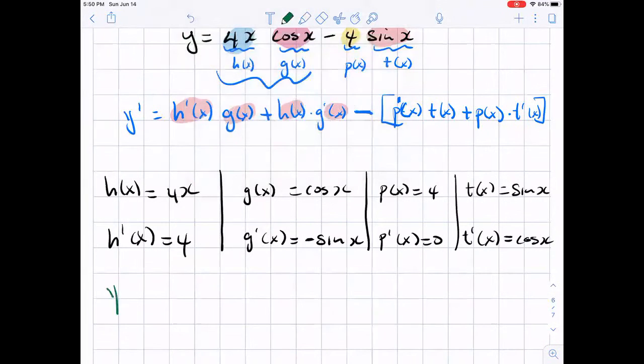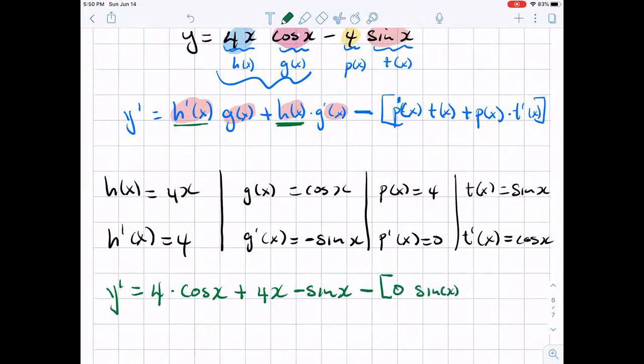So y prime is equal to h prime, which is 4, times g of x, which is cosine x, plus h of x, which is 4x, times g prime, which is minus sine x. Minus, bracket, p prime is 0 times t of x, which is sine of x, plus p, which is 4, times t prime of x, which is cosine of x.